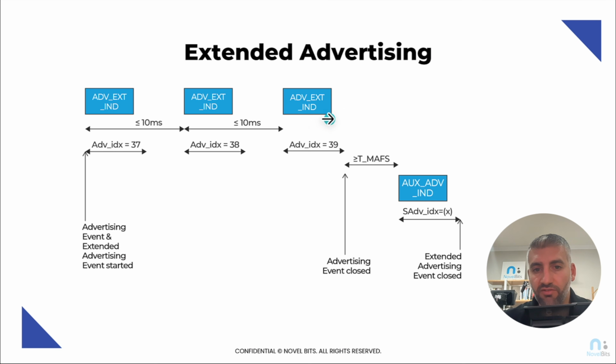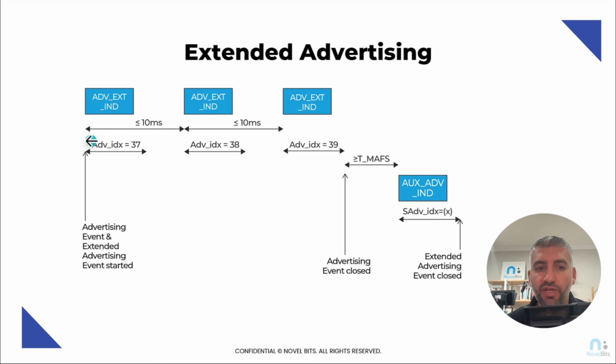In this case, it will contain, for example, the timing, so that the scanner would know that from the reception of this packet, it's at an offset of this much. And then it will indicate the PHY that's used, as well as some other information that is needed to locate this, the channel and the timing as well. So once it does that, the scanner is now able to find this.